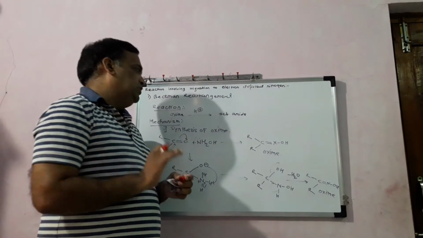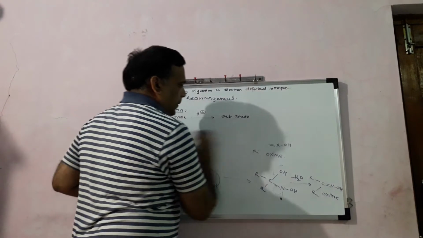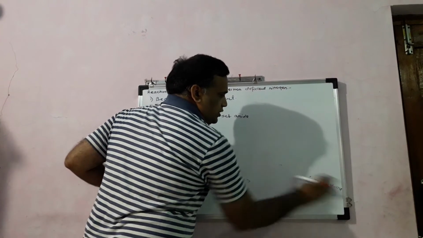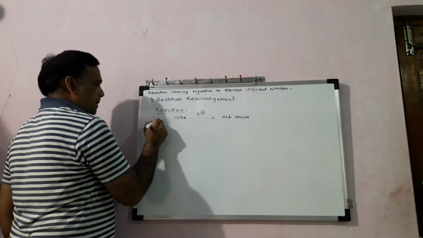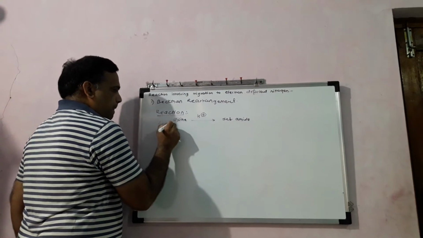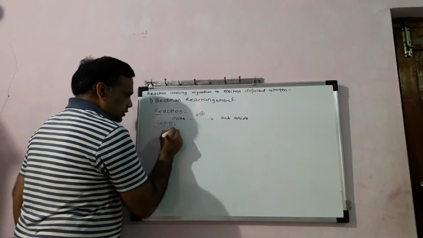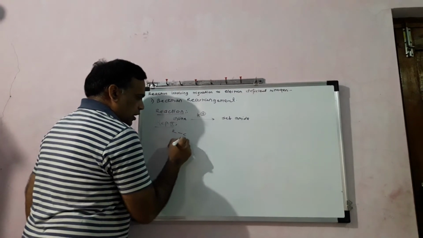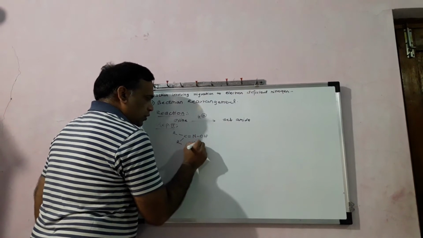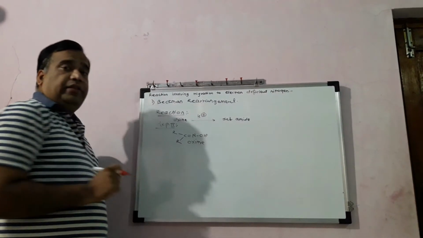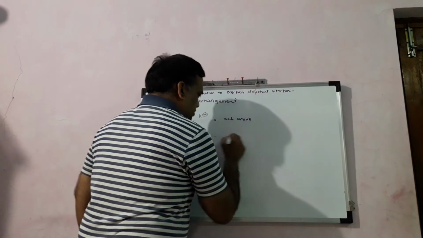Now we are going to discuss step number 2. In step 2, we have taken this oxime, R, C, R, double bond N, OH, as the reactant. This oxime is treated with an acidic reagent like H plus.